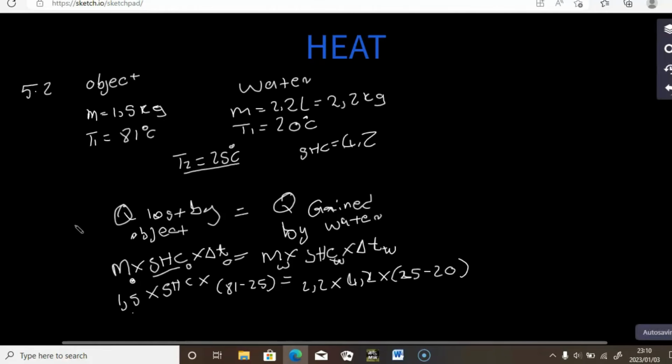And then from here we are going to divide both sides by 1.5 times 81 minus 25.